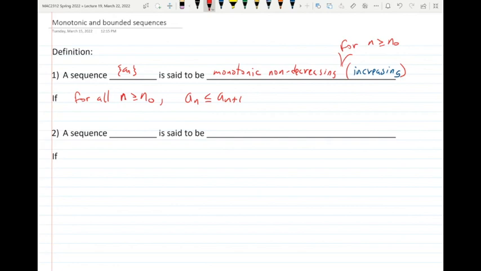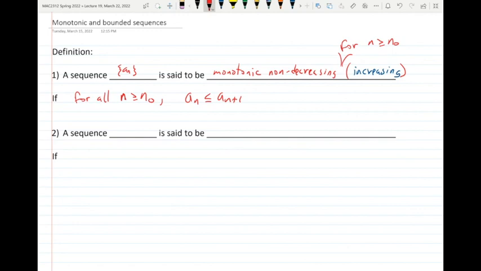But if it eventually stabilizes and starts behaving this way, it's still monotonic. You just ignore the first few terms. So it's non-decreasing if for every term in the sequence, starting at a given point, the nth term is less than or equal to the (n+1)th. The next term is always bigger or equal, and the next one is bigger or equal, and so on. So it's either staying the same or going up.